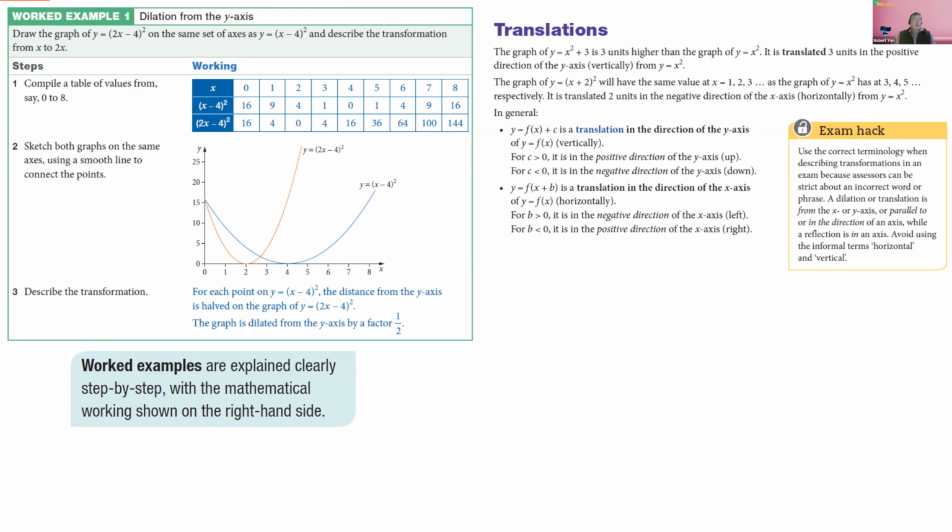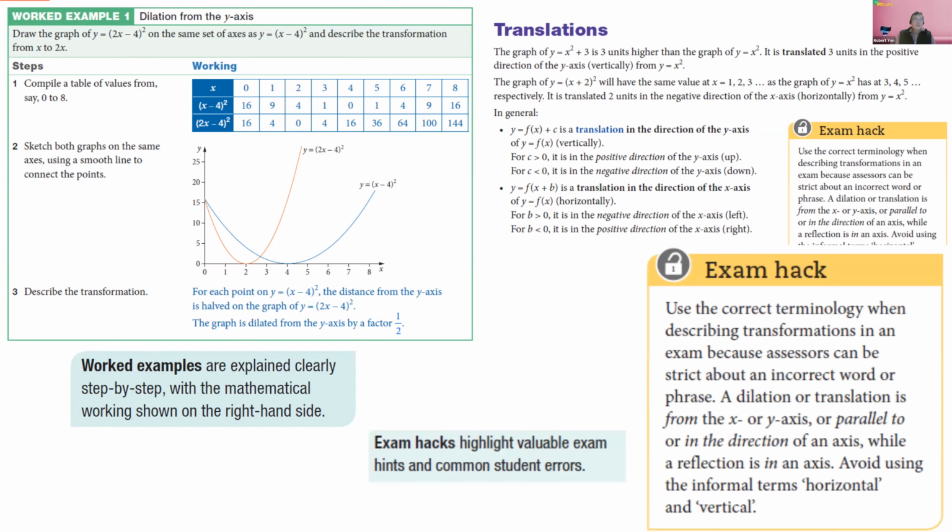We try to break it down, and we include these things called exam hacks, which Greg, can you close up on the exam hack? Yep, so here's an exam hack on transformations.